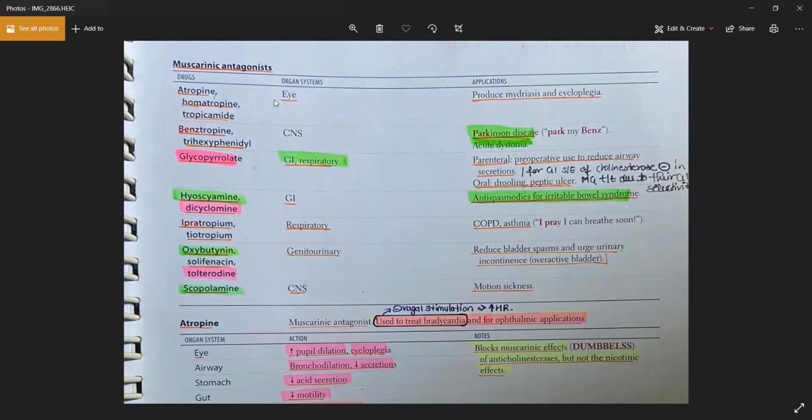Okay, then the eye, and in the eye you will use the drug tropicamide. Okay, you will use homatropine and you will use atropine. In case of an adult you will use homatropine, in case of a child you will use atropine. Okay, and again tropicamide.